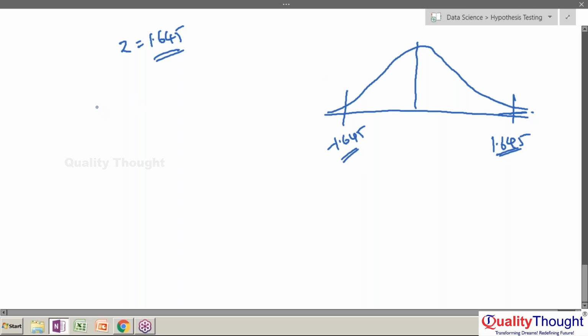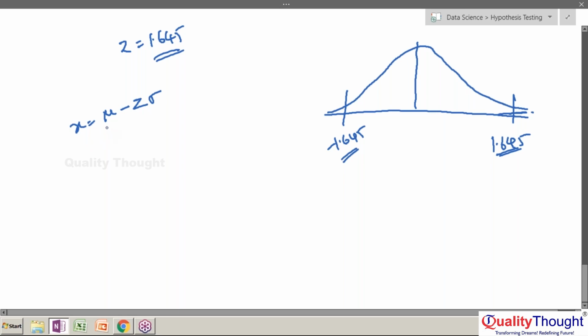So we need to verify the critical values here, the actual critical values, which is mu minus Z into sigma.